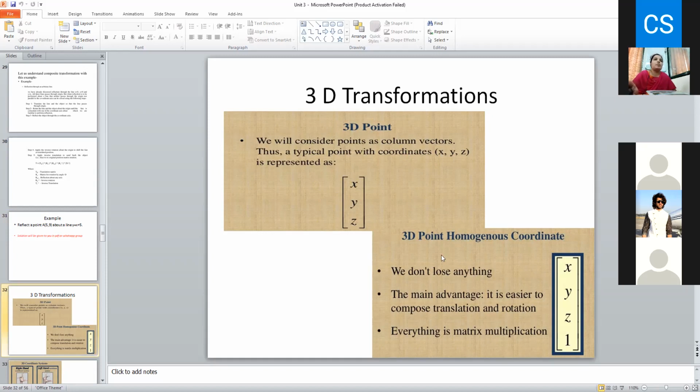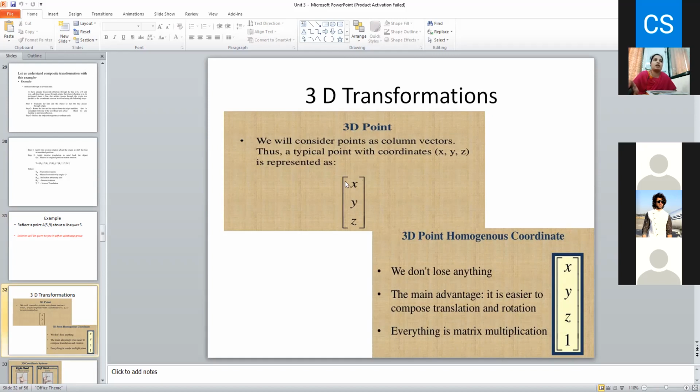Okay, so 3D point homogeneous coordinate. In that homogeneous coordinate system, it is represented as x, y, z, 1. Suppose if this overall scaling factor is 2, then what will be these 3 values? Overall scaling factor जर 2 असेल तर इथे काय असेल, 2x, 2y, 2z असेल. The whole array or the whole matrix will be getting multiplied by the overall scaling factor. So this is how the point is represented.